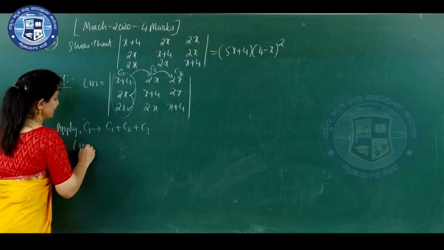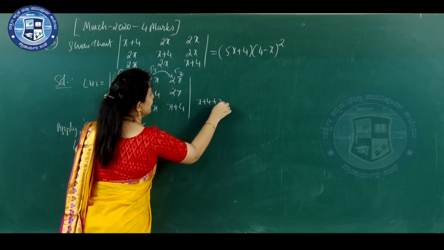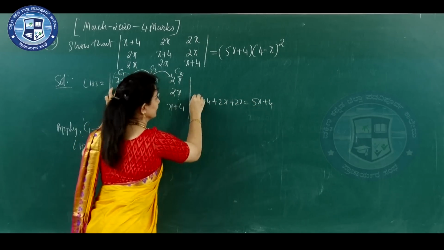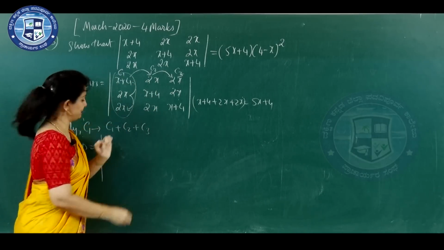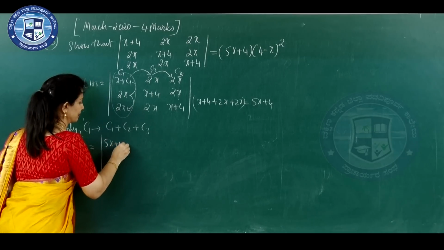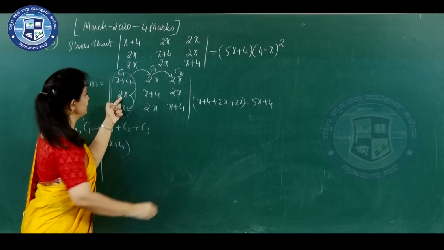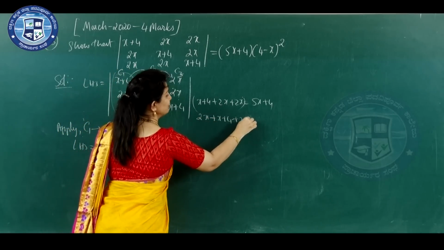So, LHS equals, so first elements x plus 4 plus 2x plus 2x, how much? 5x plus 4. Then C1 plus C2 plus C3, 2x plus x plus 4 plus 2x, how much?